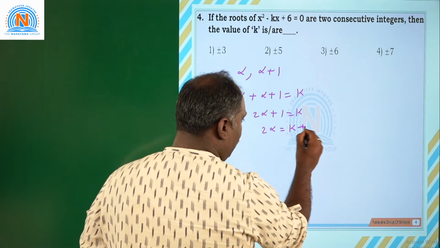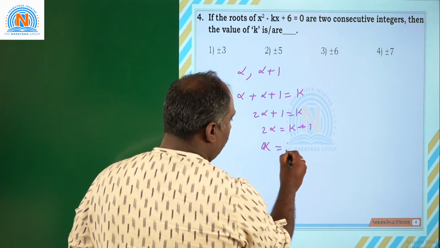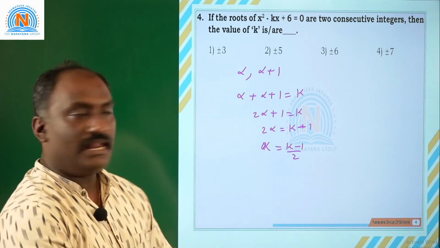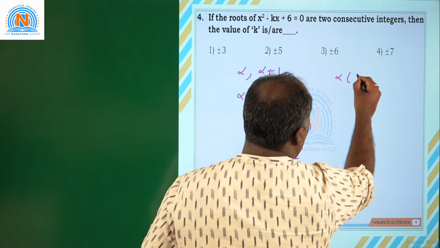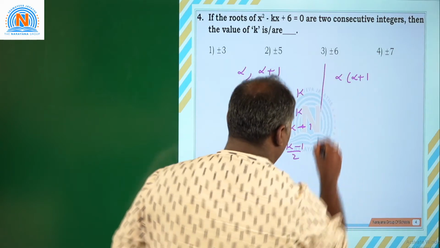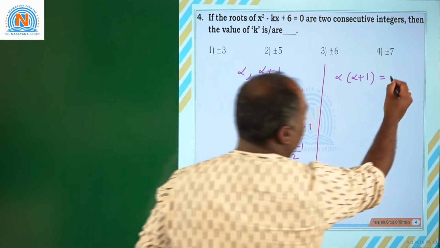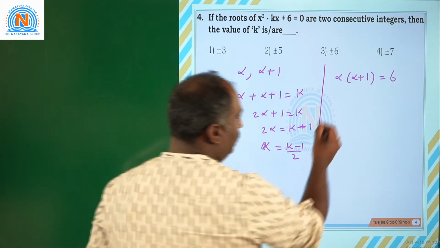So 2 alpha is equal to k minus 1, so alpha is k minus 1 by 2. This is the one piece of information we are getting. And we have the product of roots, alpha into alpha plus 1, which is c by a, that is 6. So I am substituting alpha in that equation.